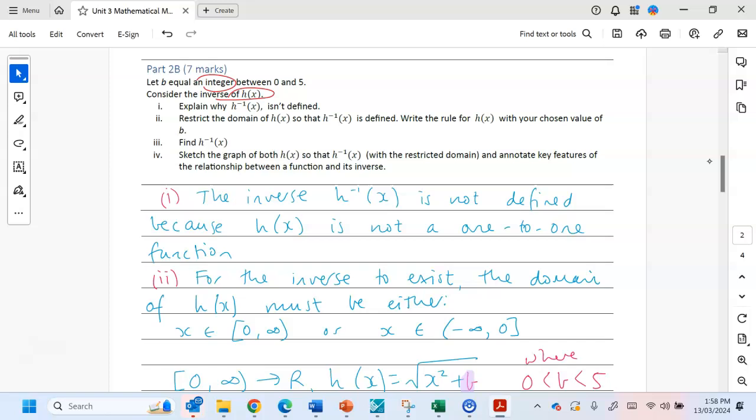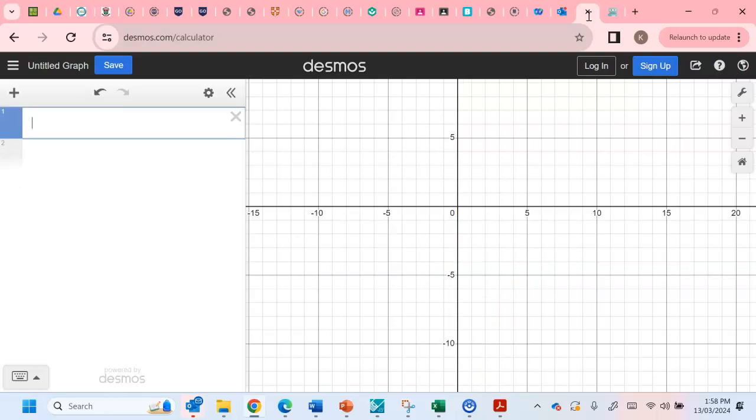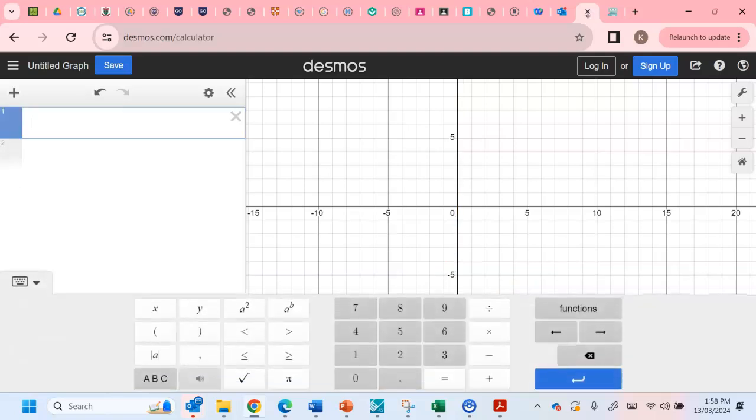So remember, to take the inverse of a function, it needs to be one-to-one. So even though you haven't chosen a value of b, if we just sketch it, so let me just sketch, all right. See if I can do it without opening my laptop.